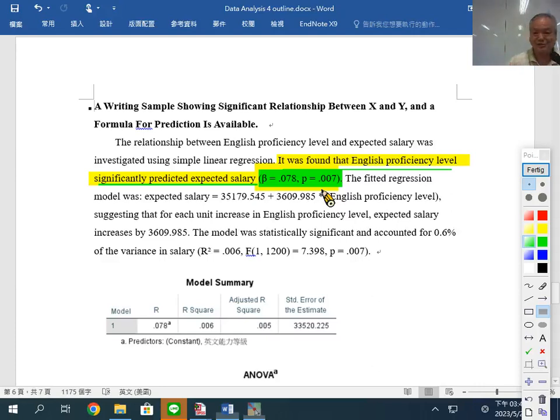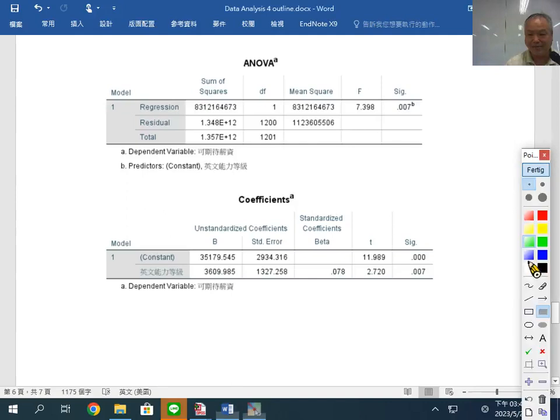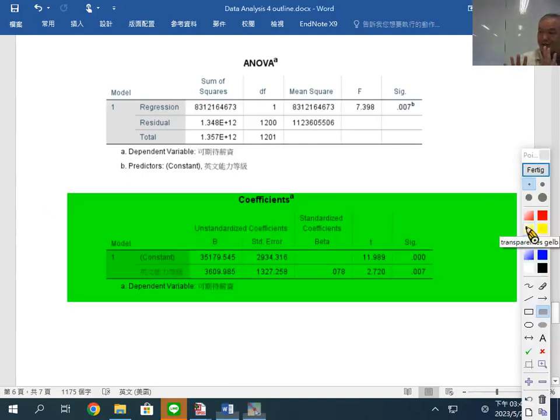We don't need to pop out the whole table, because all the other numbers do not relate to the statement. Our statement is saying that English proficiency level significantly impacts expected salary, right? So you have to identify the evidence from the table.